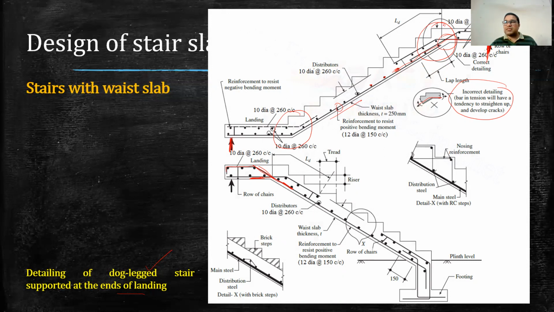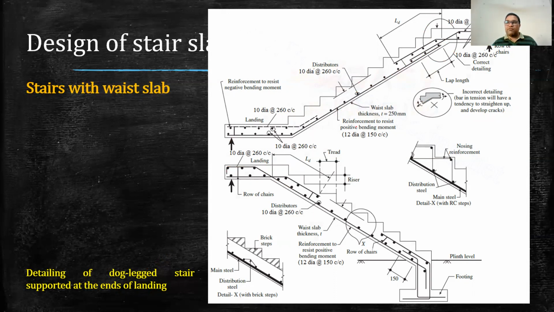In that case, a major cracking may occur at this point. So to avoid that, we extend the reinforcement to the top layer and then bend it. That is the practice that we generally follow in case of longitudinally spanning staircase.